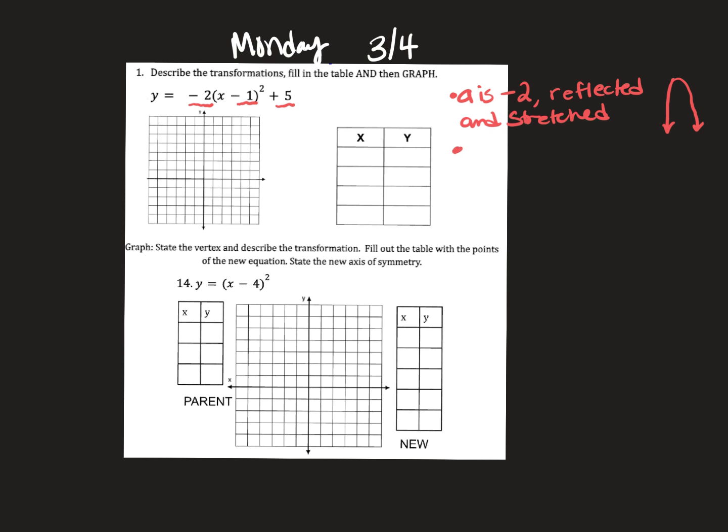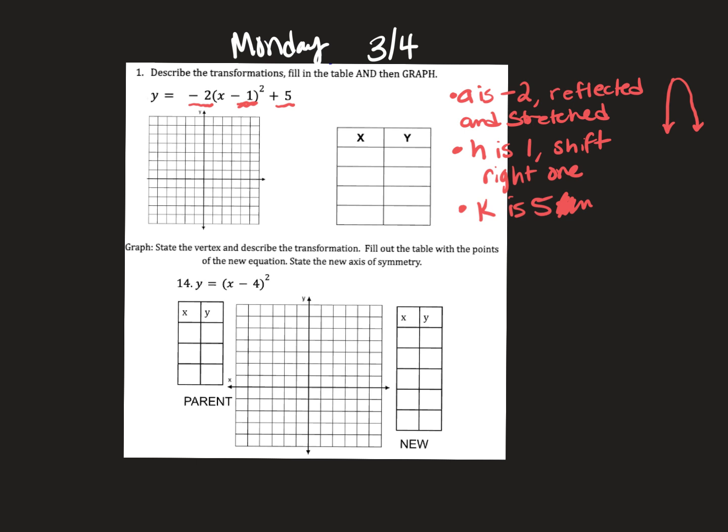And then our H value, which is our second value, is 1. So we would say H is 1, which means that it's going to shift the graph right 1. And then we have our K value, which is our third value. Our K value is 5. And that means that it's going to shift the graph up 5.